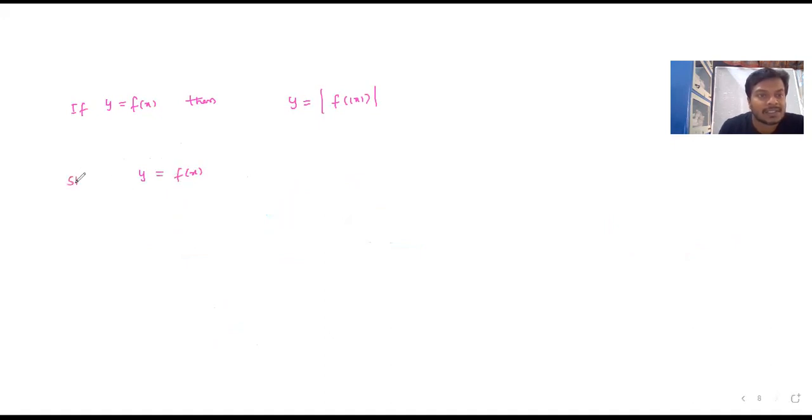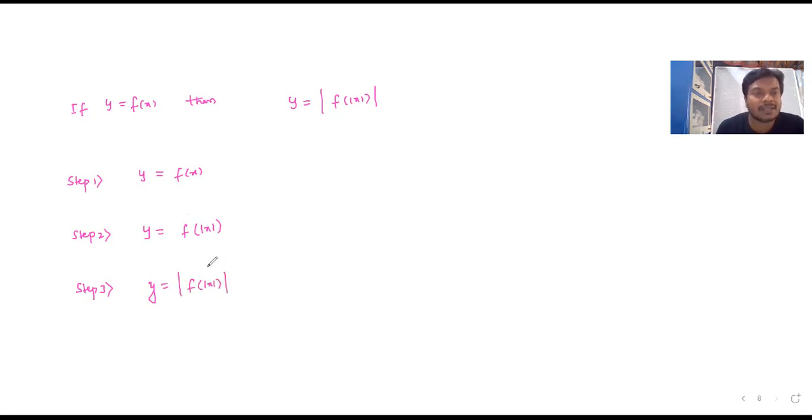This is step 1. Then go for the graph of y equal to f of modulus x. And in the third step, move to the graph of y equal to modulus of f of mod x.